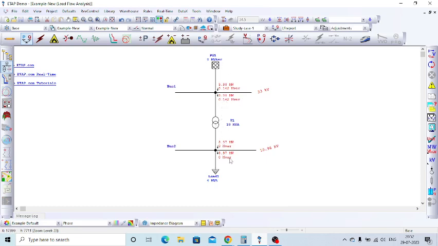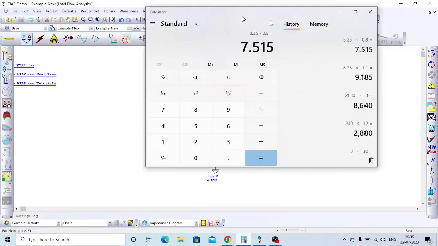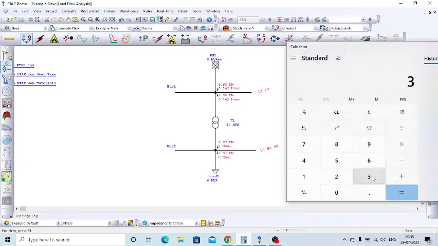Also you may see that here the active power consumed by the transformer is 3.98 megawatt, but here it is 3.97 megawatt. Why is there a small difference? 3.98 minus 3.97 is 0.01 megawatt, or 10 kilowatt.